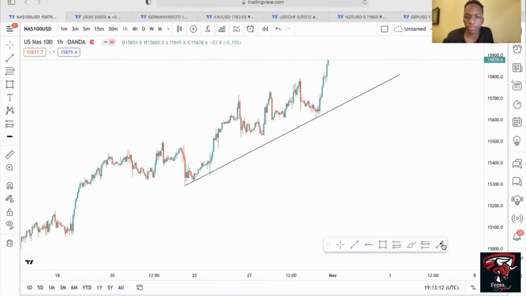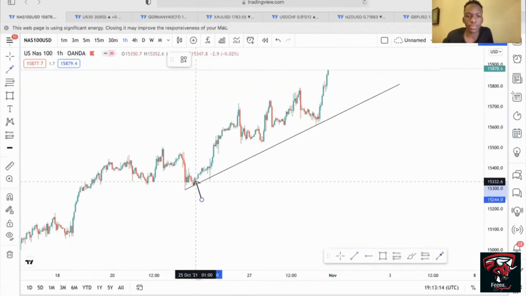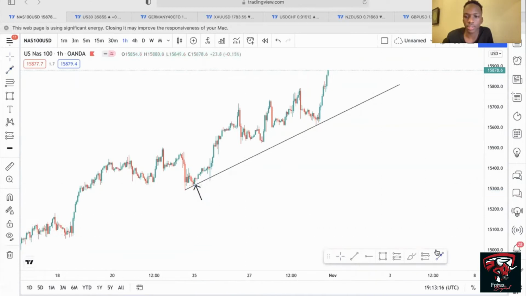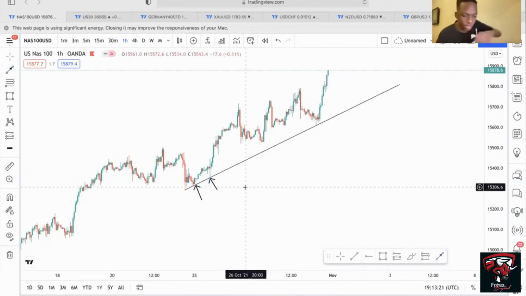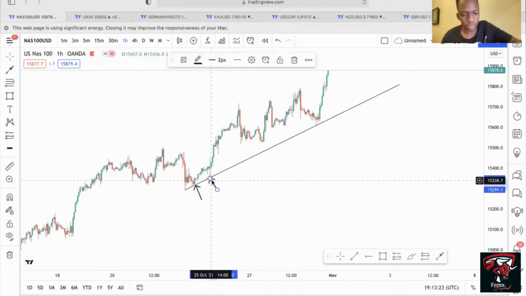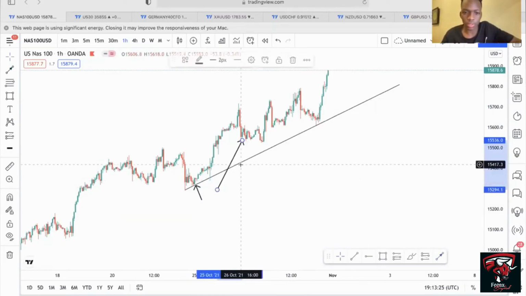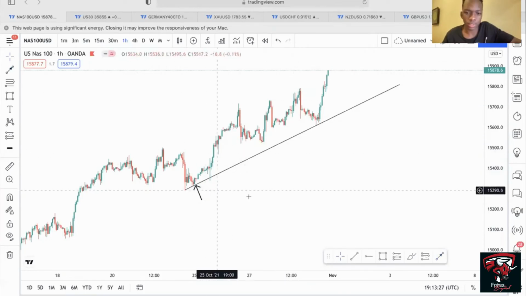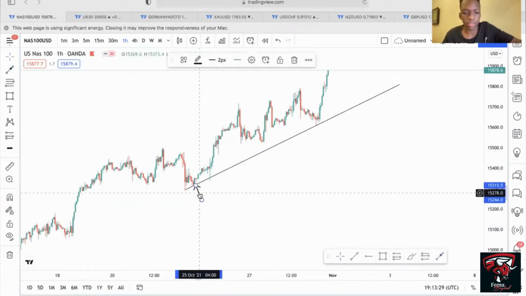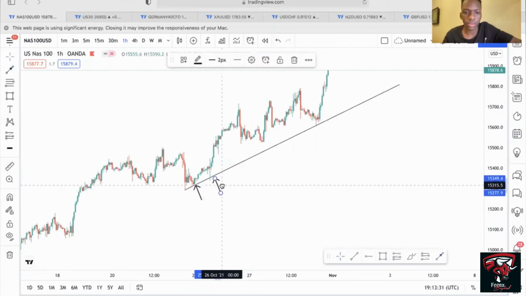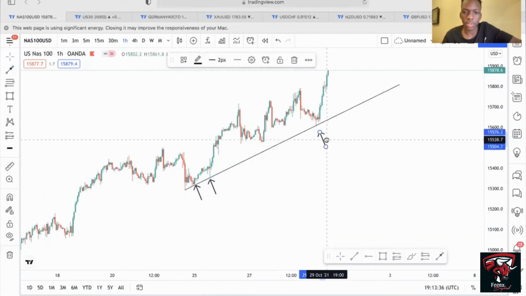So you can see first touch there, second touch. Let me just do this actually. Copy. Okay, no, wait. There we go. 2, 3.